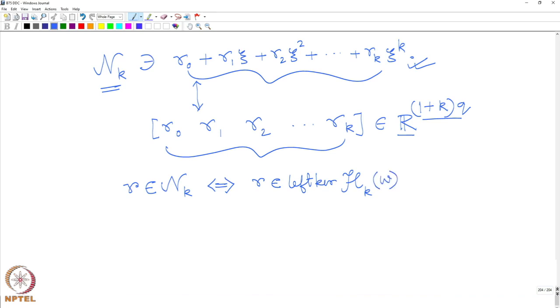Think about this. This is true if and only if this is true, that means the two sets are in fact identical to each other after this identification that you have done.